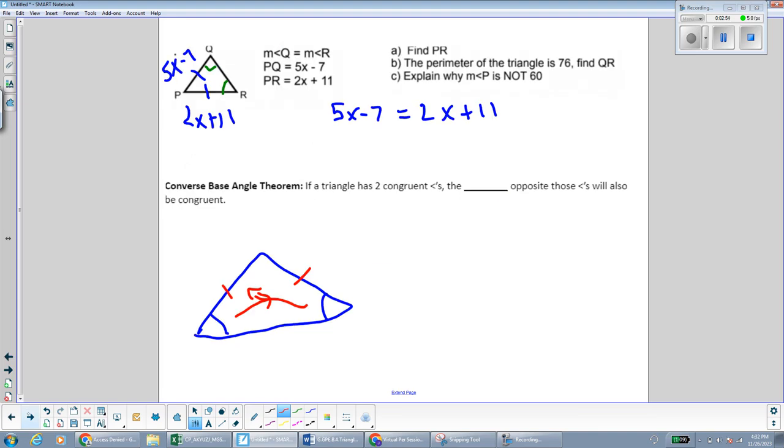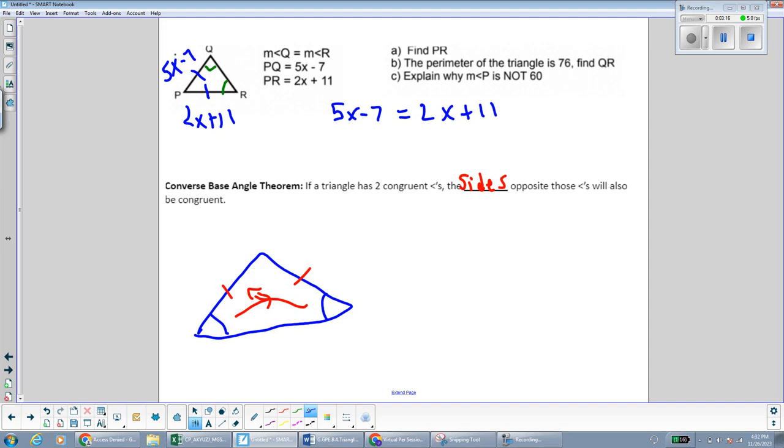The converse of the base angle theorem starts off with information about the angles, and we use it to draw a conclusion about the opposite sides. Both the base angle theorem and its converse are specifically for isosceles triangles. I'm going to fill in the blank here. If a triangle has two congruent angles, the sides opposite those angles will also be congruent.